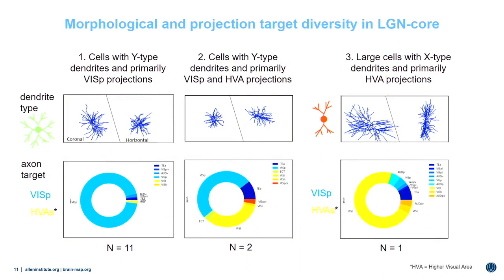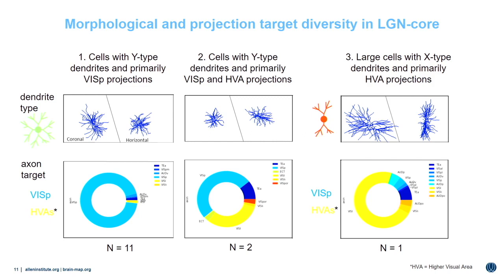Just to give you a sense about the different types of neurons that we're seeing based on the morphological and projection target diversity. So for the LGN core, we are mostly seeing neurons that have this Y-type morphology, where you have dendrites that project radially around the soma. And then I'm showing a coronal and then a horizontal view of the neurons.